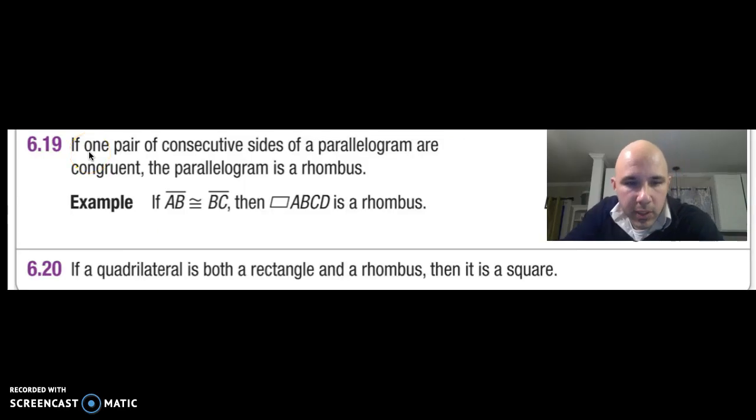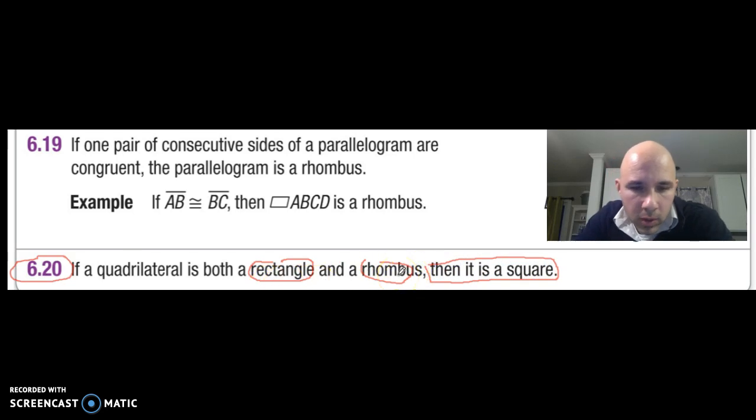For this particular theorem on squares, I want to highlight theorem 6.20. In order to know the condition of a square, you have to know that if a quadrilateral satisfies a rectangle and a rhombus, then it's a square. So it has to satisfy everything that has a rectangle and everything that has a rhombus.